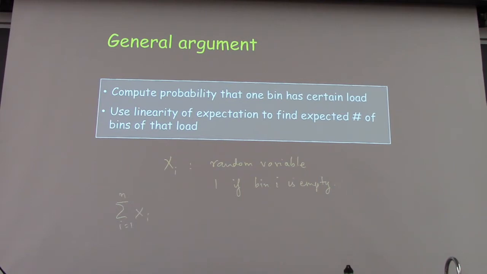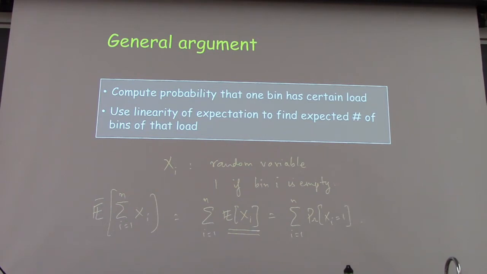Then we said that the expected value of this quantity is equal to the sum of the expected values of xi, and this number was fairly easy to compute. Each xi is a 0, 1 random variable, so you compute the probability that it's equal to 1. So this is the sum over i from 1 through n of the probability that xi equals 1.